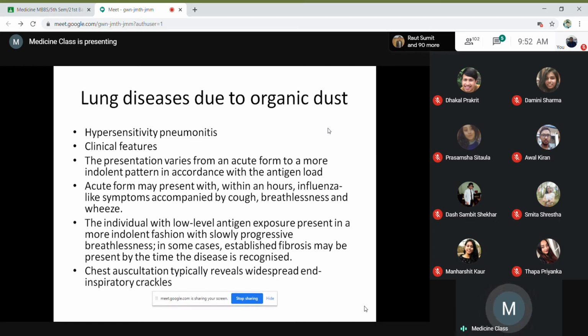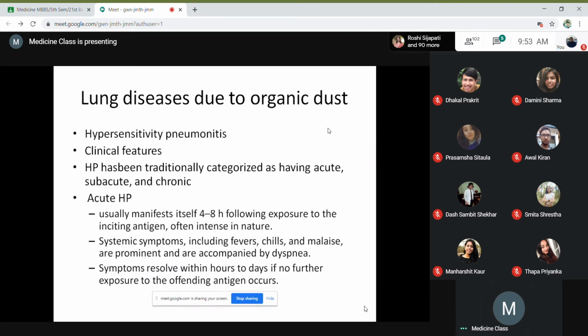At the time you diagnose, the patient already has fibrosis, and when you ask about the history, they may have had mild to moderate breathlessness in the past as well. When auscultating the patient, you can get inspiratory crackles. The clinical features have traditionally been categorized as acute, subacute, and chronic.